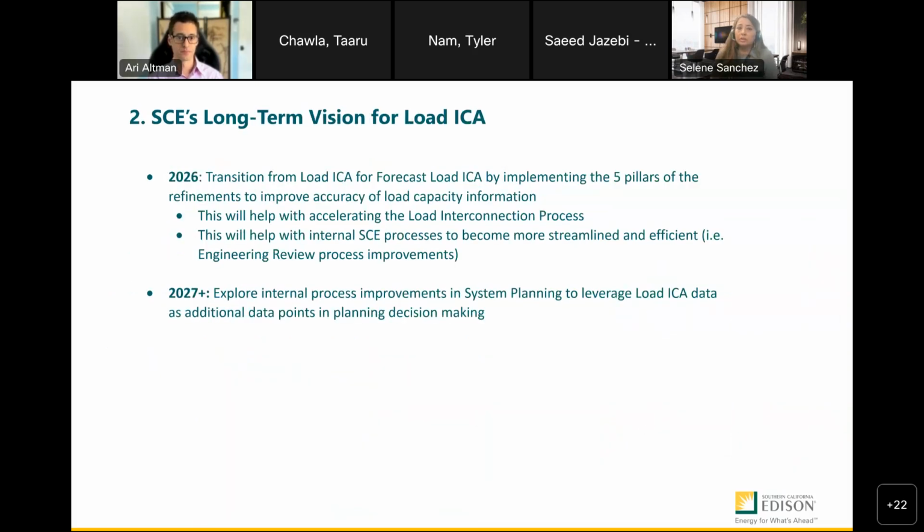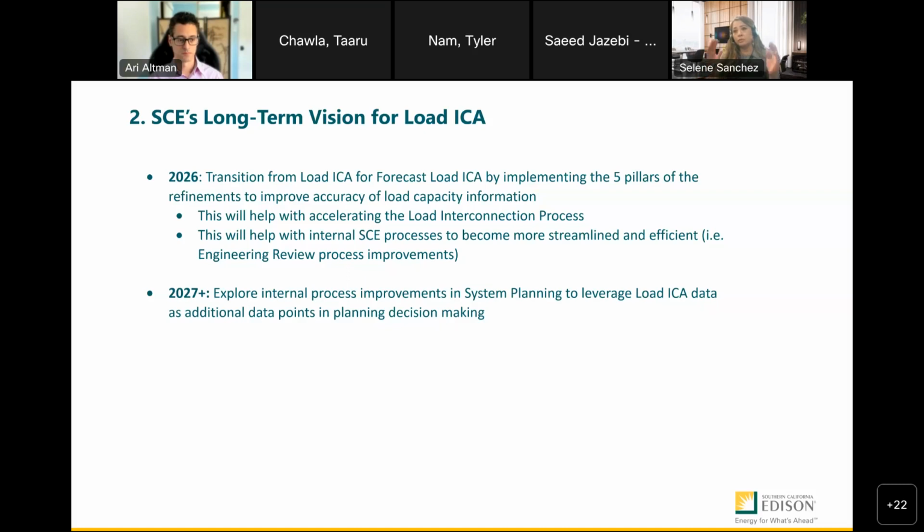So the long-term vision, outside of the immediate enhancements that I just went over, is that we're also looking at implementing the 5 pillars of the Load ICA as mandated by the ALJ ruling. And beyond 2027, we are looking at how to leverage this in our system planning decision-making process, right?